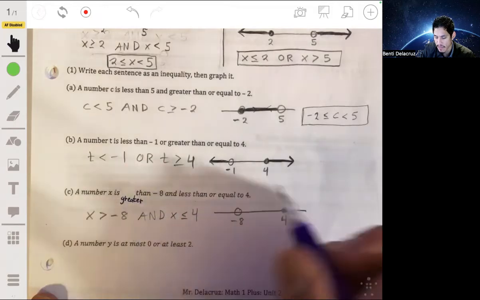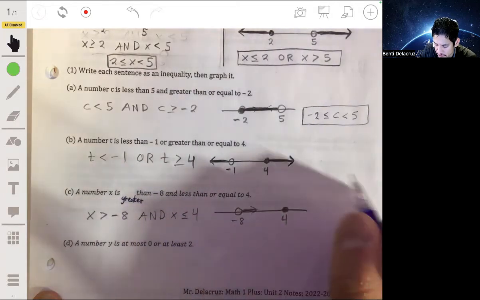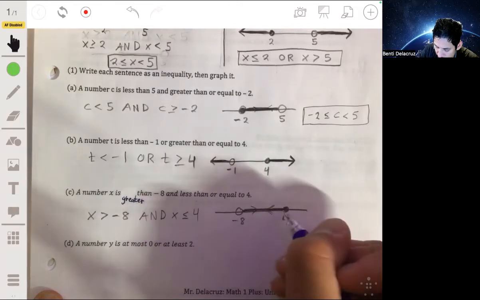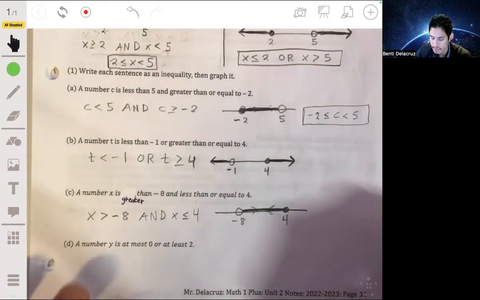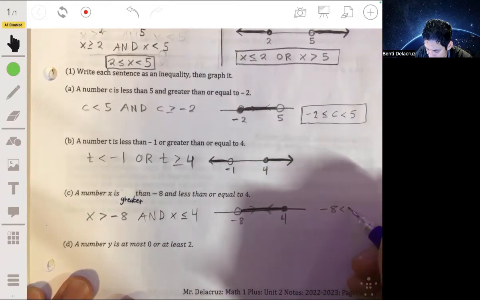If it's greater than -8, it's going to be to the right of -8, this direction. And if it's less than or equal to 4, it would be this direction. So yeah, we have this region right here. So we could also write this as -8 is less than x, and x is less than or equal to 4.